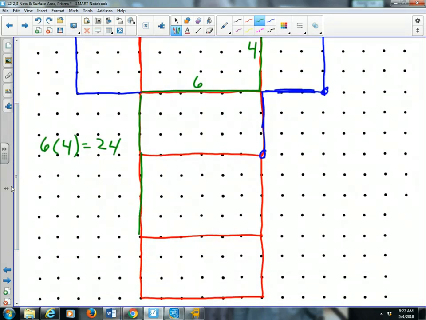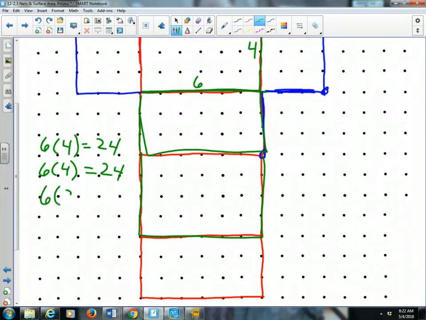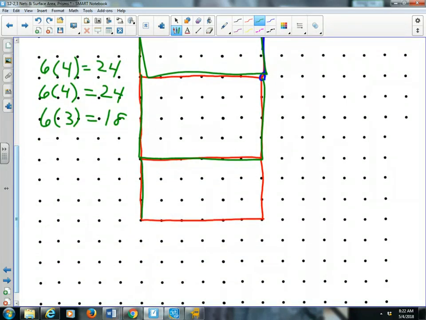This one's also a 6 by 4. So there are 2 24 square unit figures. This one right here is a 6 by 3. A 6 by 3, of course, is 18. And then there are 2 of those. This one's also 6 by 3.